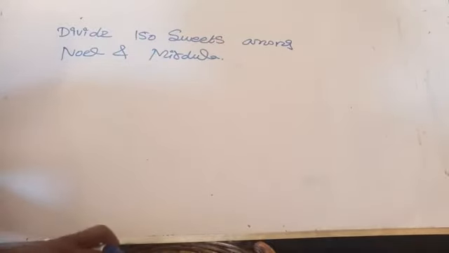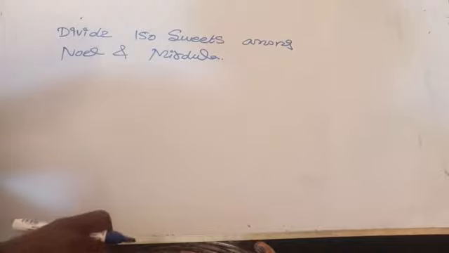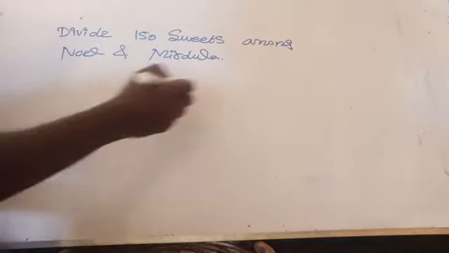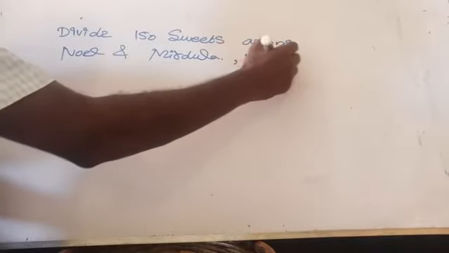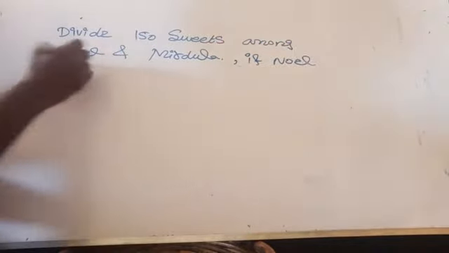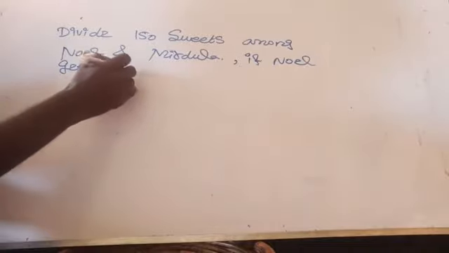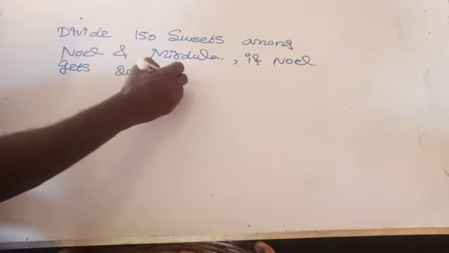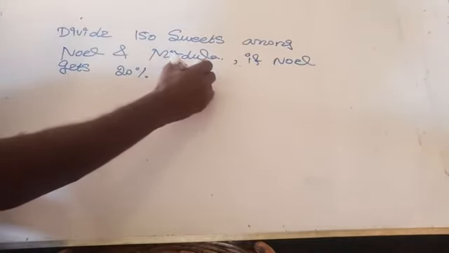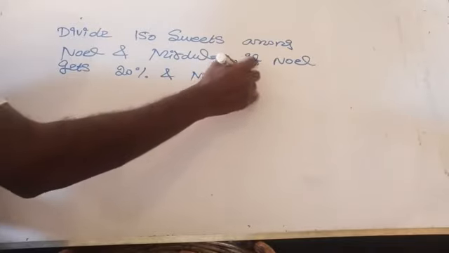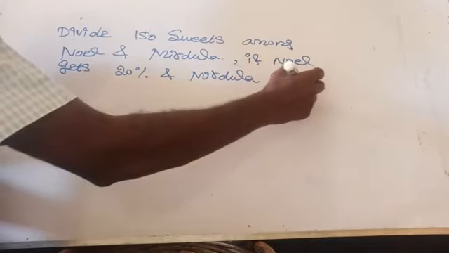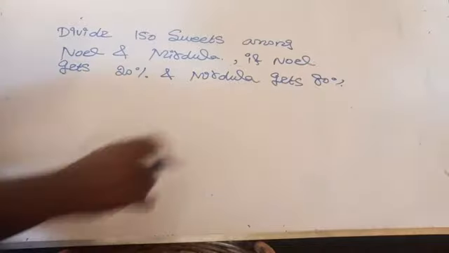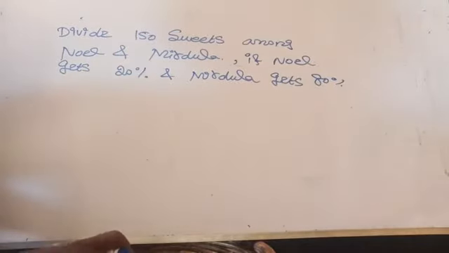If Noel gets 20 percentage and Mridula gets 80 percentage, now the question is, how many sweets will each of them get?